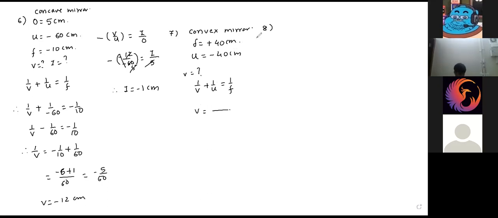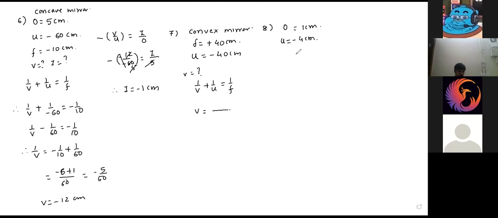8. When an object of height 1 centimeter, right? O दिया है 1 centimeter. Distance u दिया है minus 4 centimeter.